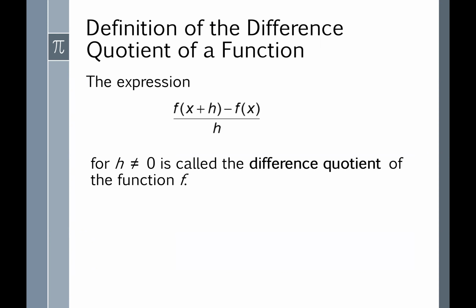So what this is, this difference quotient, let's just draw a random function. Just draw something. So here's my function I just drew.